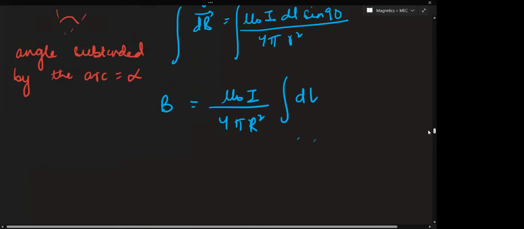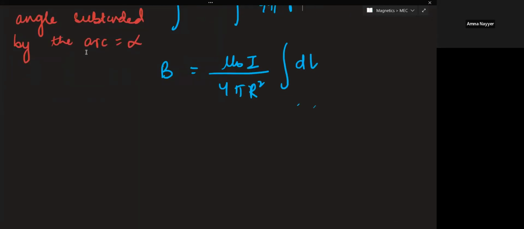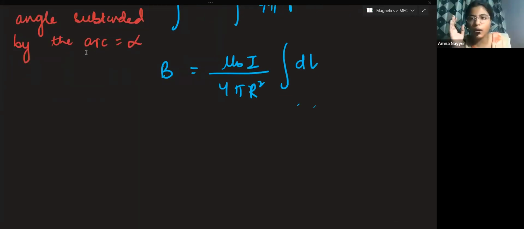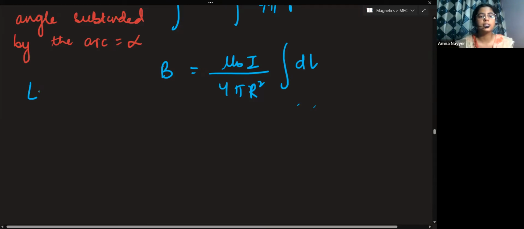Yes, right. When you have the length of the arc, the angle subtended by the arc, and the radius, the relation is this: the length of the arc is given by r into the angle.